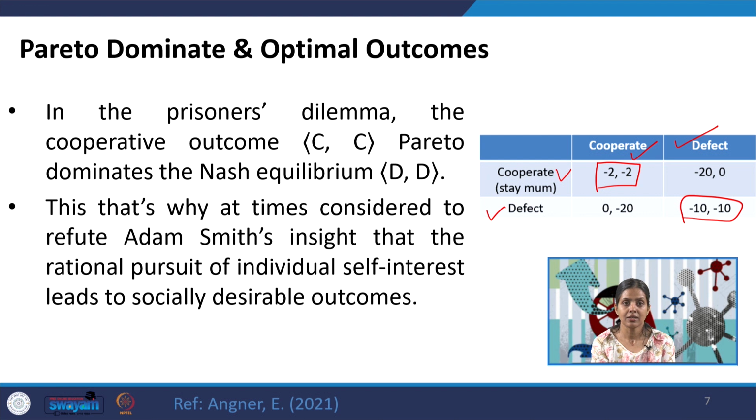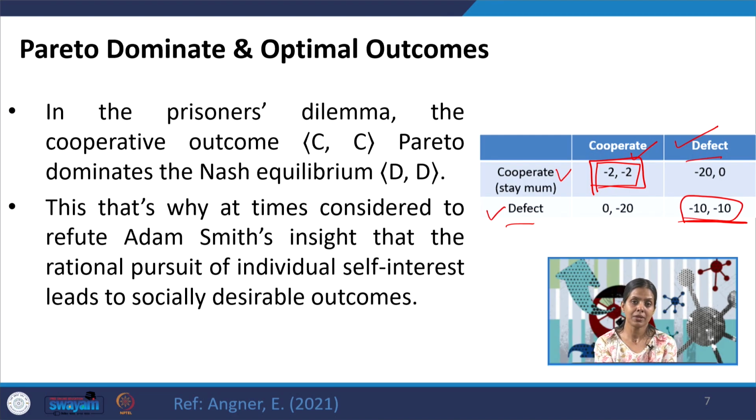That's why this is at times considered to refute Adam Smith's insight that the rational pursuit of individual self-interest leads to socially desirable outcomes. Individual pursuits are leading to a dominant strategy of defect, while the socially desirable outcome, where both of them together would have benefited, is a strategy profile like cooperate and an outcome like minus 2, minus 2.